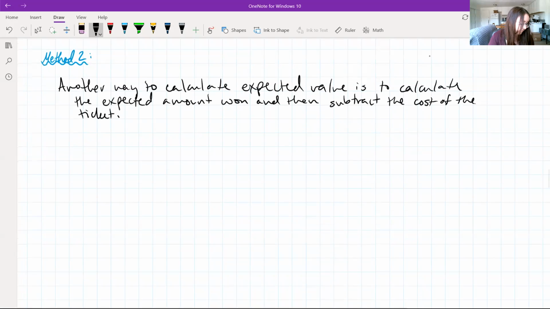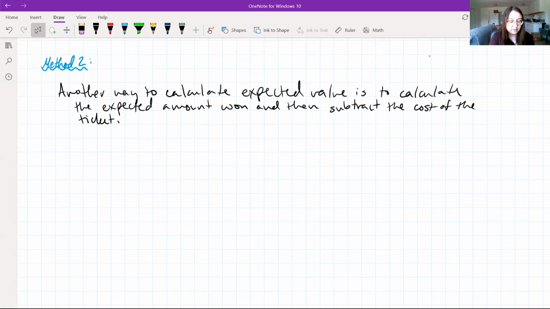So we know that, and we're going to be finding our expected value. We're still going to be multiplying our outcomes by their probabilities. It's just that in the end, we'll just subtract the price of our ticket.